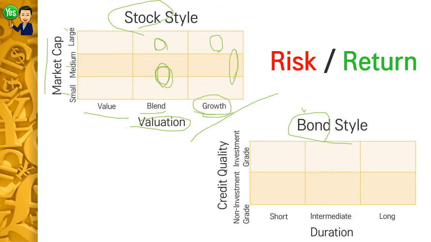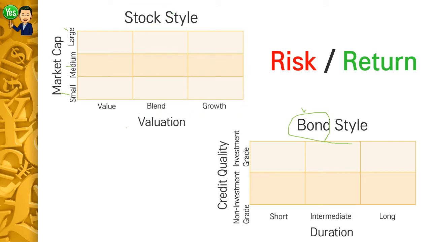If you go to more small and medium, you take more risk. Let me erase this again. In this stock style, when you go to more growth and more small, it's more risk.